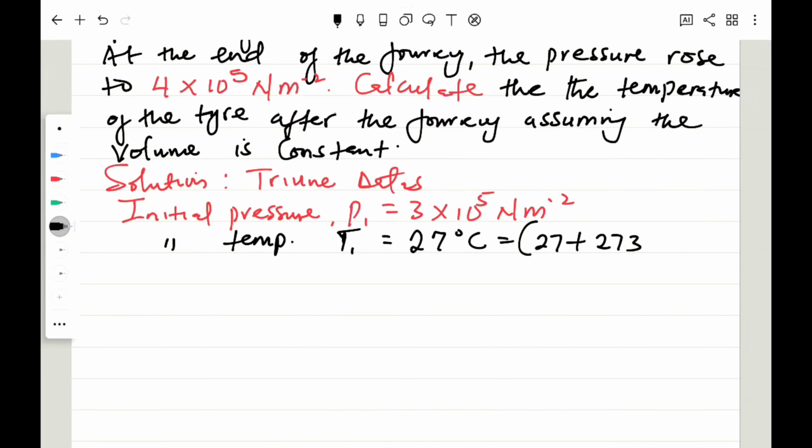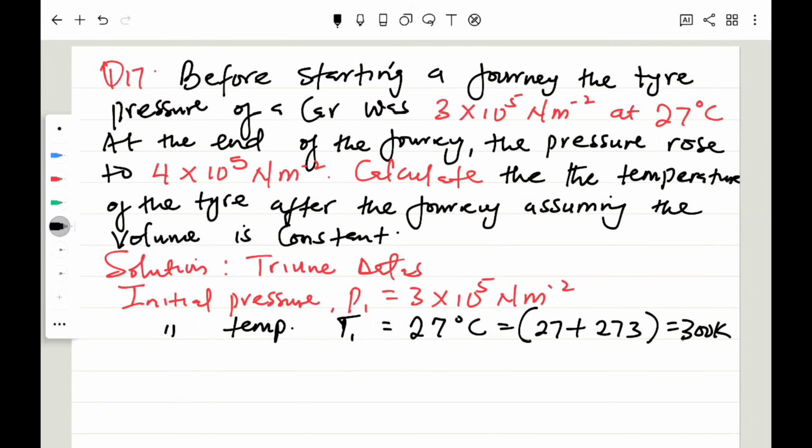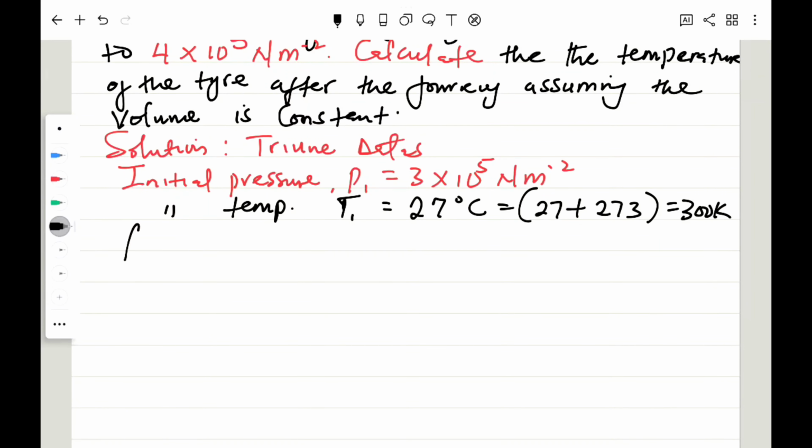You do the same thing for the final pressure and temperature. The pressure rose, so the final pressure, P2, is equal to 4 times 10 raised to power 5 Newton per meter squared.